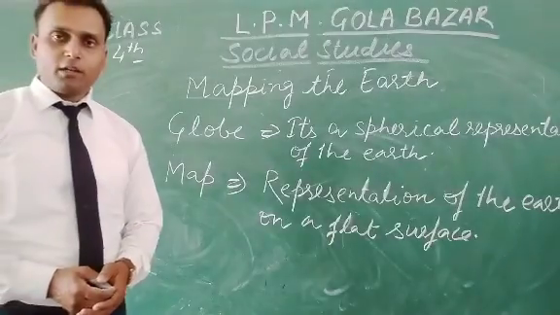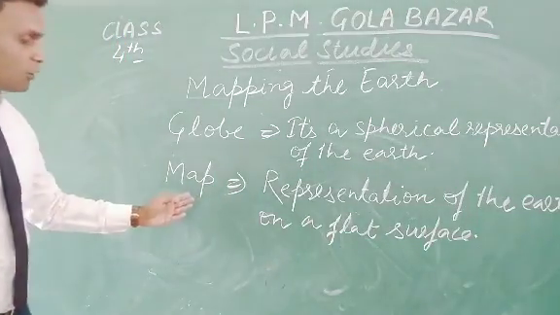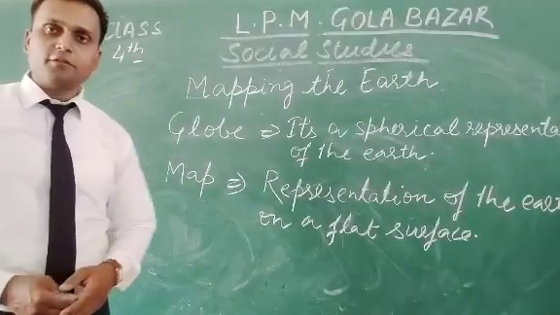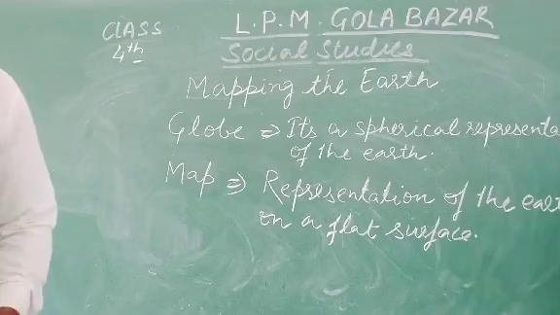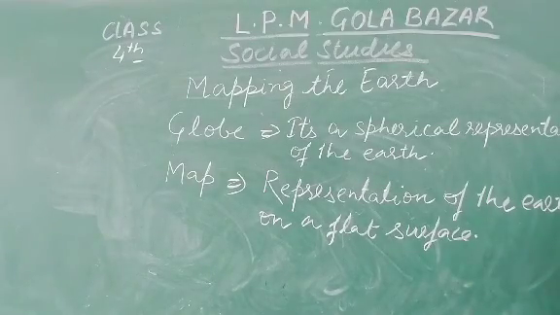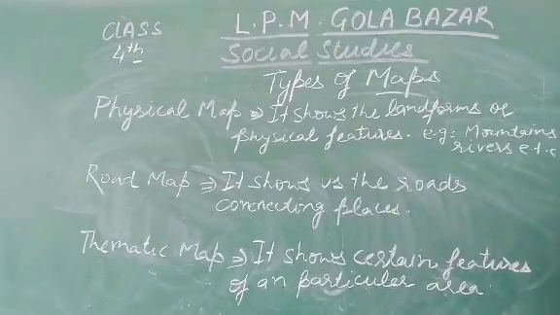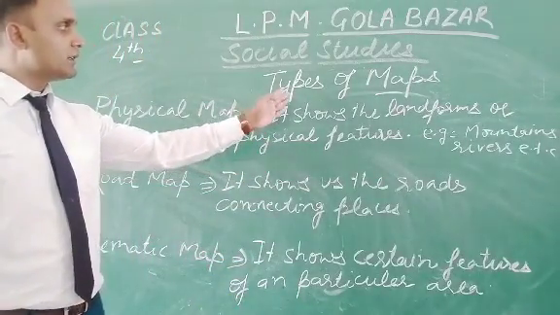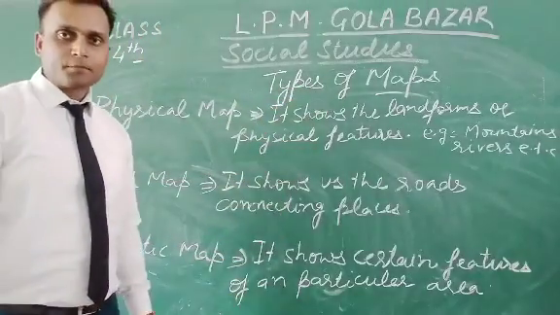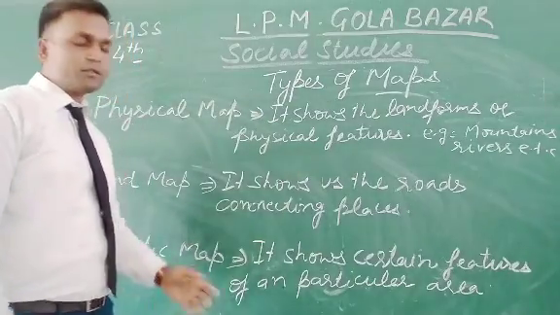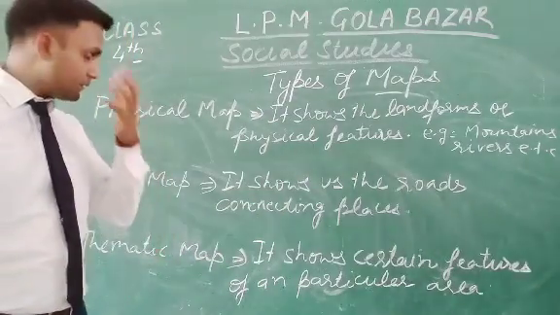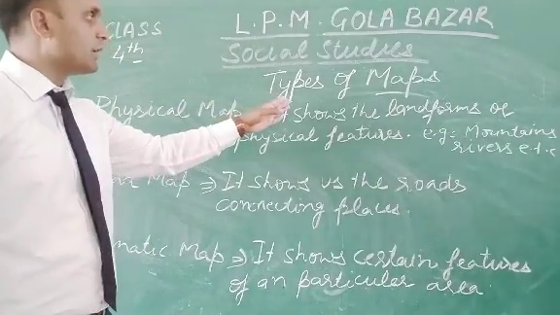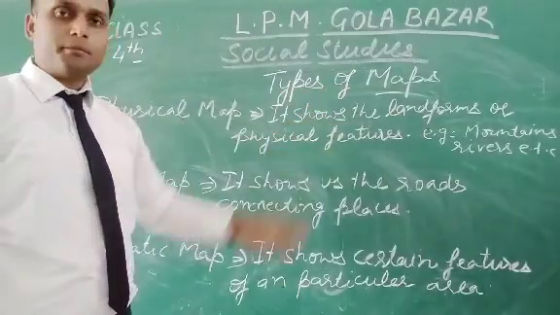Today we will learn how many types of maps we have and what the elements of maps are. Now students, come to the point types of maps. Earlier we studied what is a globe and what is a map.